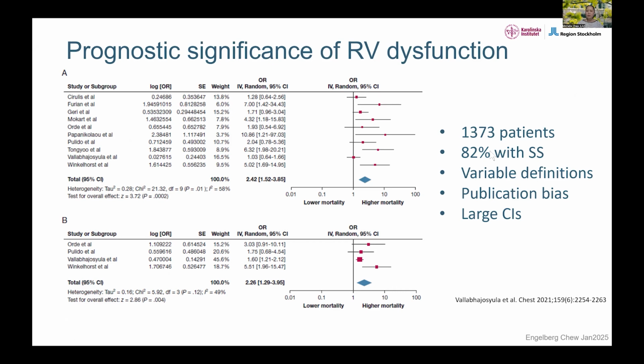However, the authors did say that there was publication bias. You see that there are large confidence intervals of those estimates. So we really do not know what the prognostic significance of right ventricular dysfunction is for mortality in the short and long term.